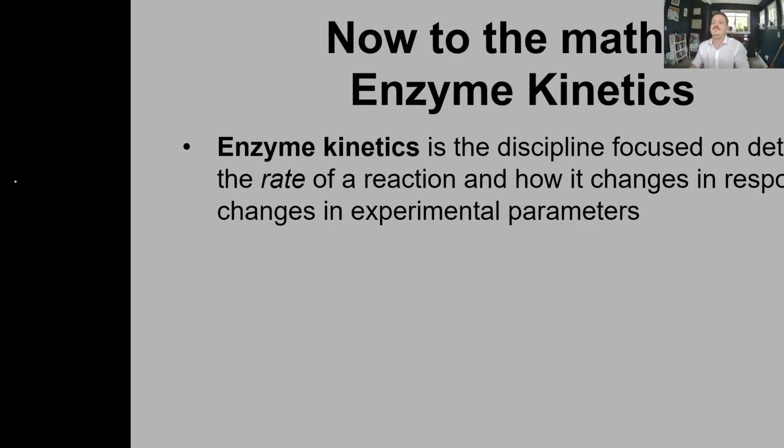So remember, substrate, and let's go back to red. Substrate plus enzyme comes together to form an enzyme substrate complex, which then reacts to form the enzyme product complex, that then releases to form the enzyme plus the product.